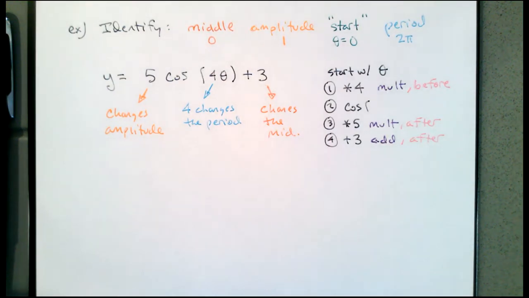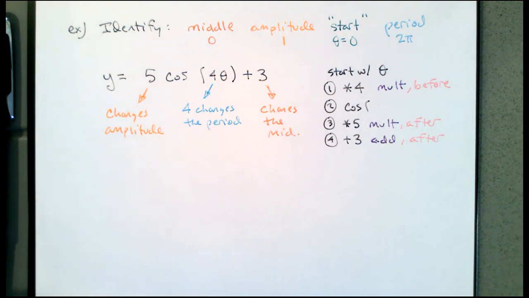Normally the middle is 0, but we've changed that to 3. Normally the amplitude is 1, we have changed that to 5. Normally the period is 2 pi, but we're going 4 times as fast. So the period is going to be pi over 2. That's what we saw in our graph.